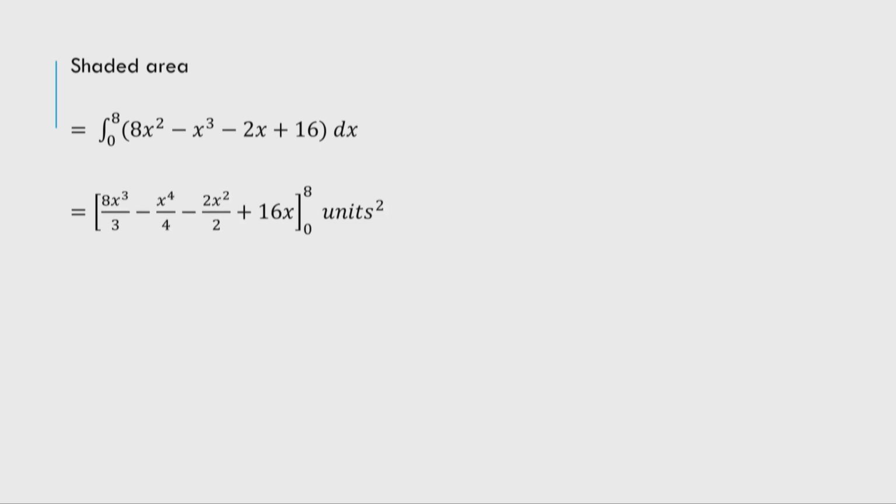Integrating the function, we get 8x cubed over 3 minus x to the power of 4 over 4 minus 2x squared over 2 plus 16x from limits 0 to 8.